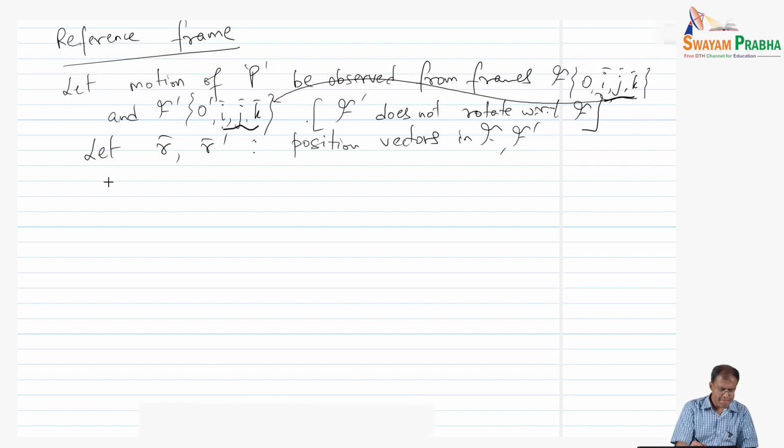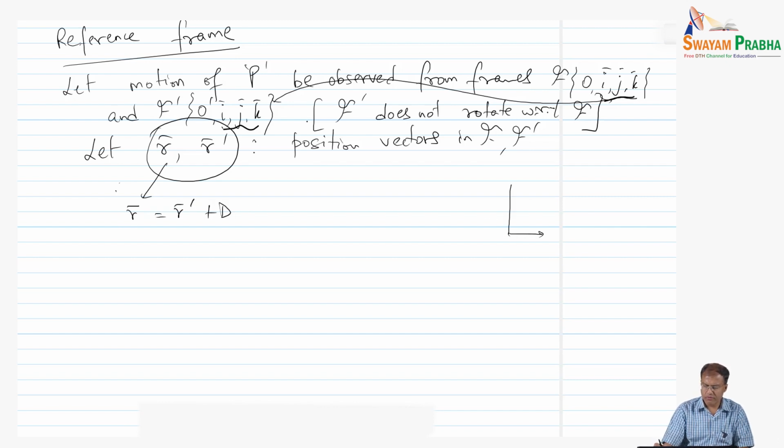And we see that the velocity can be defined similarly using the position vectors. So we see that the velocity V, hold on, before I move ahead with the velocity, I do have a relation between the position vectors. R and R prime are related as follows. Suppose we have this fixed frame, let us say this is my frame F, and my frame F prime which is moving, right?